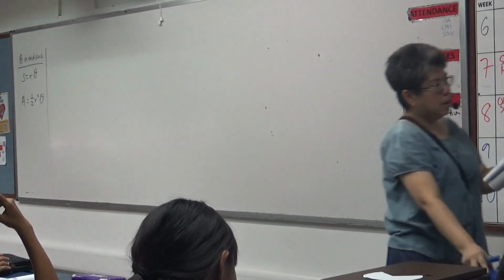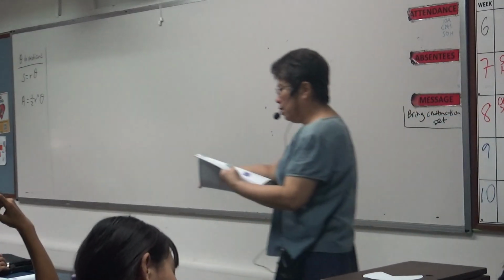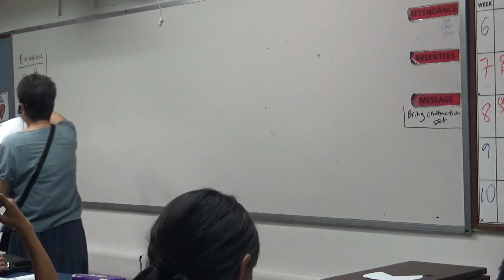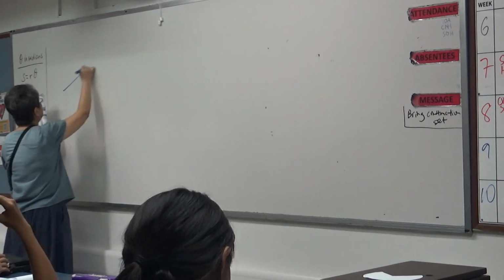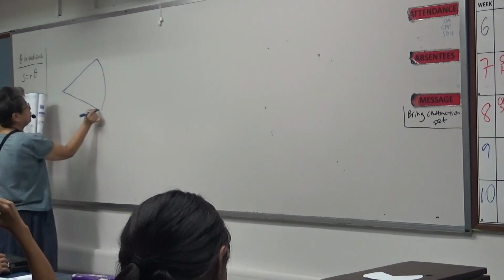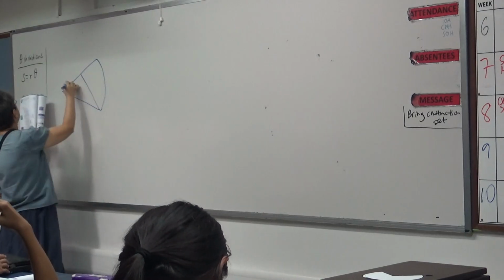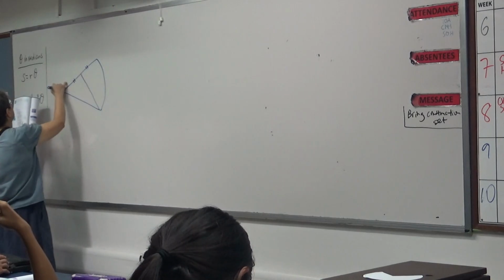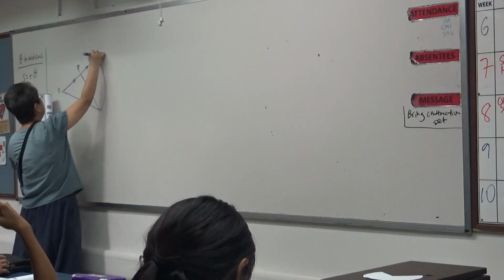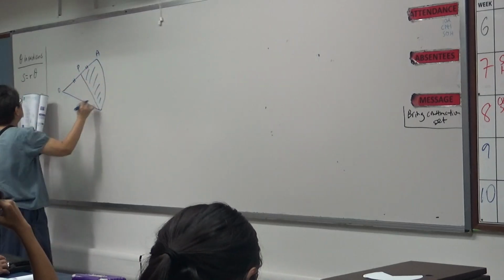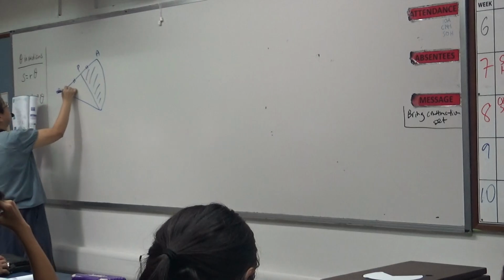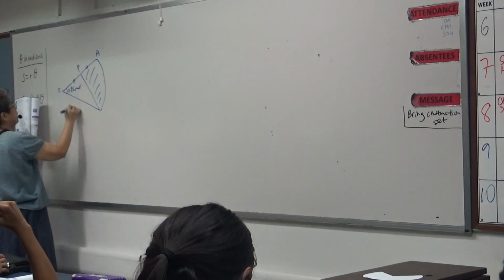Okay. Next part, example 13. They give you a sector like that. They say this is equal to this. O, C, A. This is the shaded region. This is 0.85 radians.